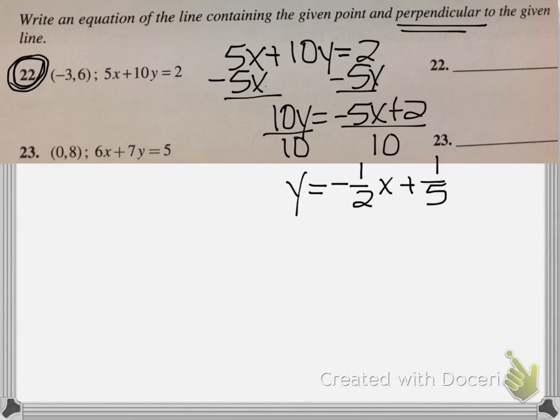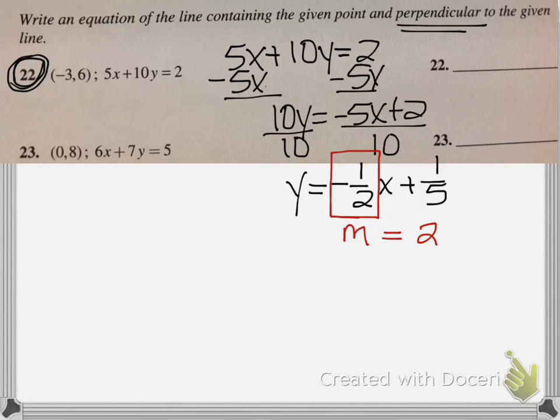This is just the equation that they gave me rewritten, and all I need from it is my slope. So I've got a slope of negative 1/2, and since I need a perpendicular line, I need the negative reciprocal. So we flip it and make it the opposite, so that's going to give me a slope of positive 2.